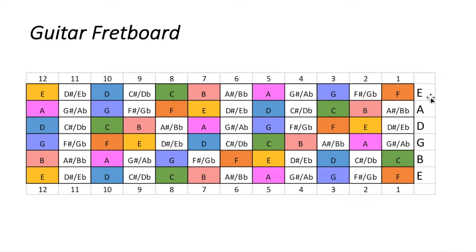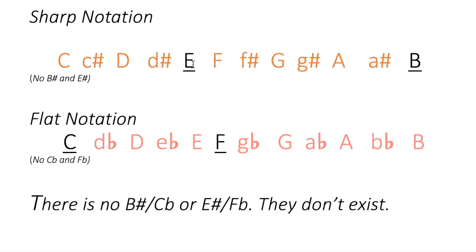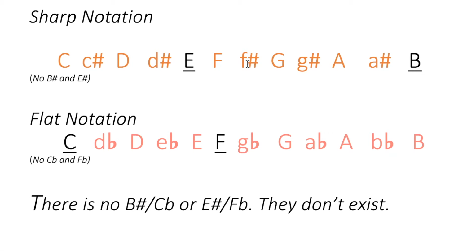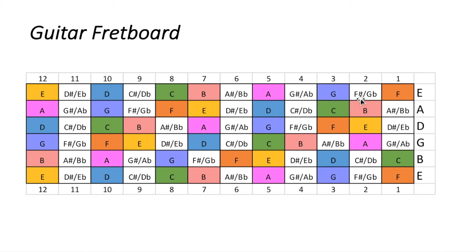Because we have set up our guitar in EADGBE format, if you start looking at the guitar fretboard, each of these frets has a specific notation designated to it. For example, after E it would be F. After F it would be F sharp, or G flat.